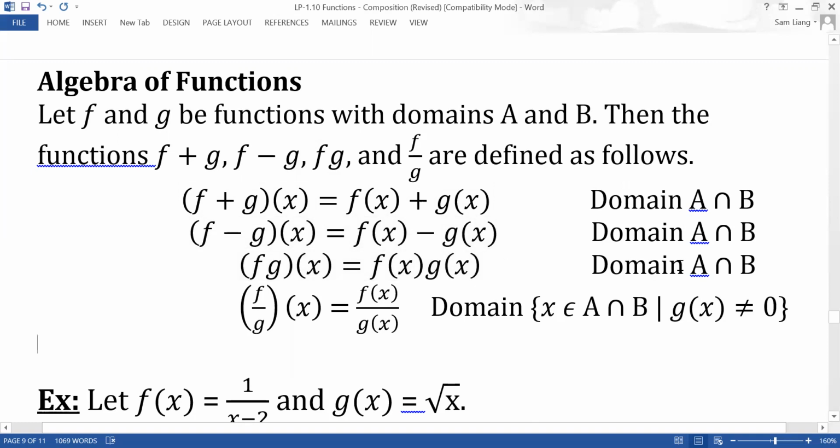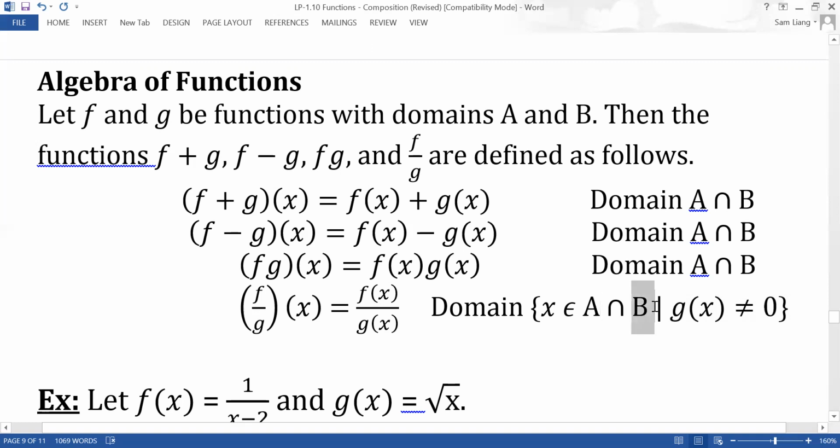The only thing that's different is the division of functions. I know this looks complicated, but it's actually not that bad. So it's just x is an element of, remember this epsilon symbol means element of, the intersection between A and B, such that g of x is not equal to 0.